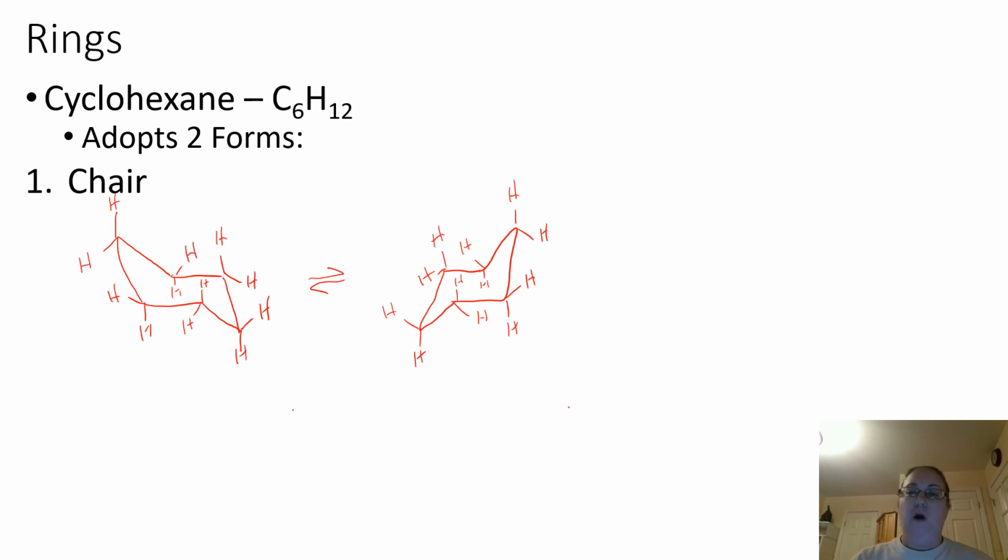Your textbook walks you through some hints on how to draw chair structures, but you do want to get very, very comfortable with drawing the chair structures, and what they look like, and the orientations of all of those hydrogens, which here soon will also become substituents as well. So I encourage you to practice them. On exams, if chair structures are drawn incorrectly, you will not receive full credit from me. So please practice drawing these chair structures.